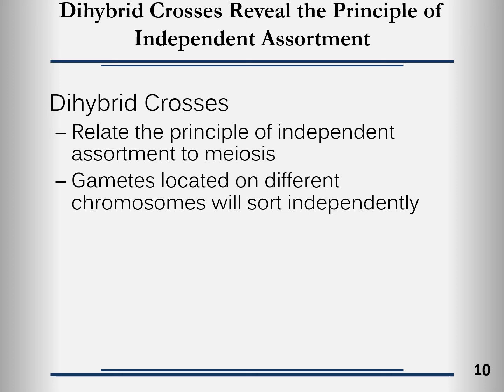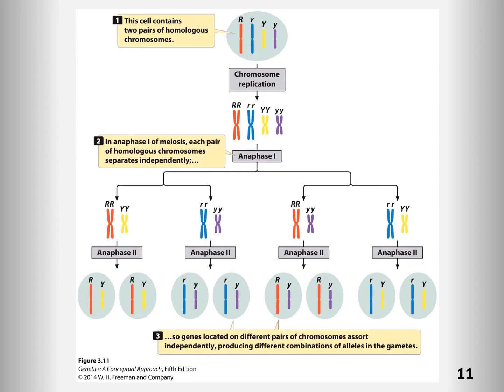Now, what does this mean? It means that genes that are located on different chromosomes should treat their assortment as independent probabilistic events. So if we look at this example here, the gene for color is found on this chromosome.